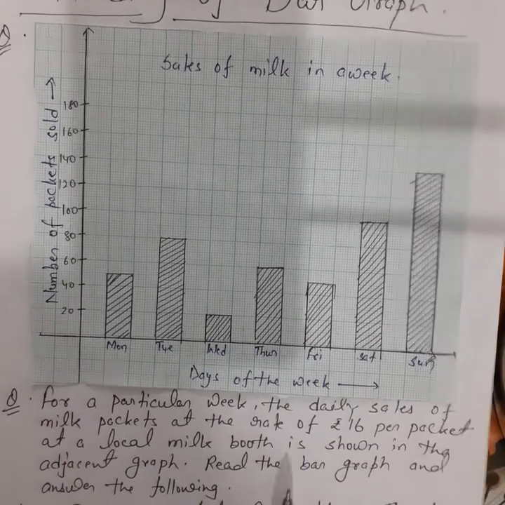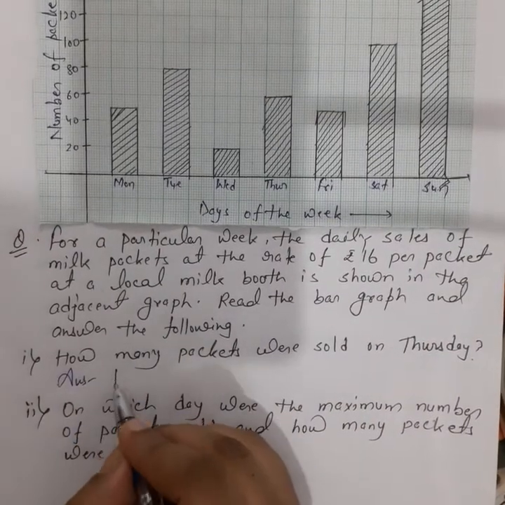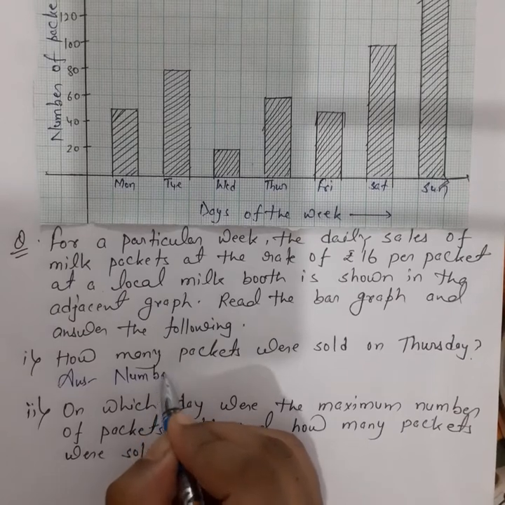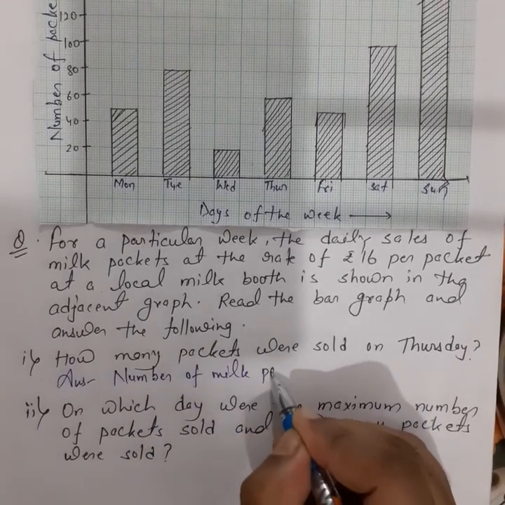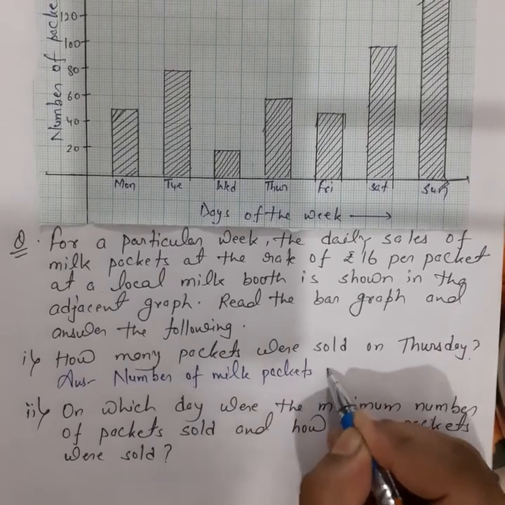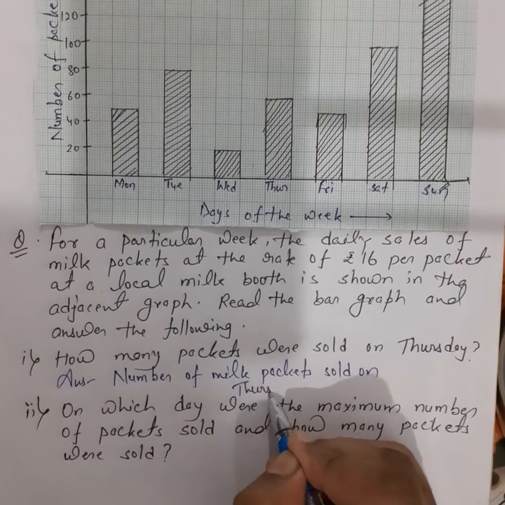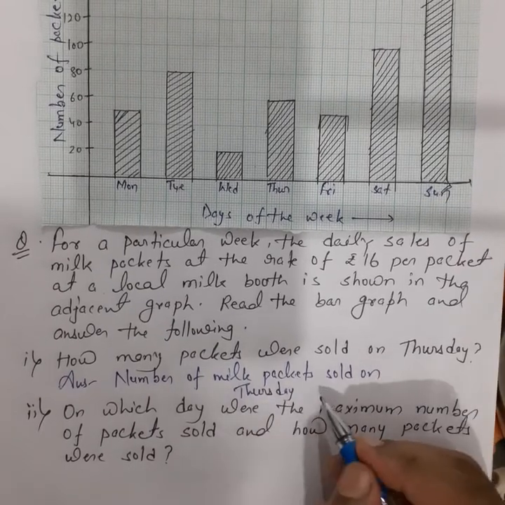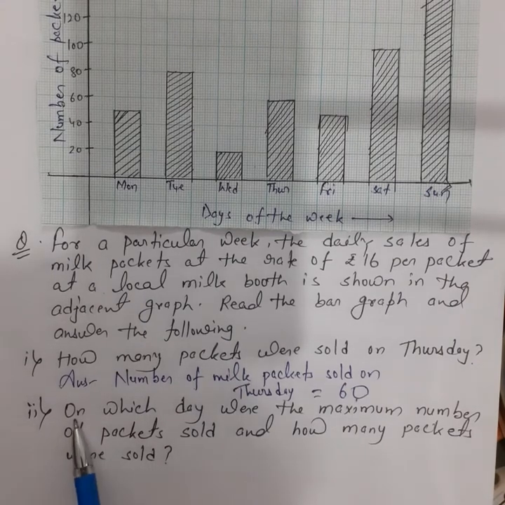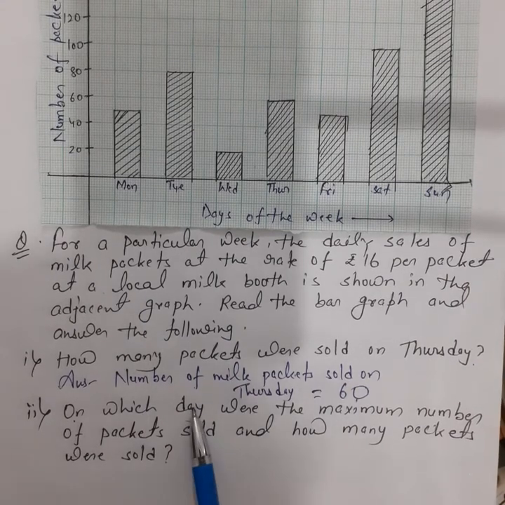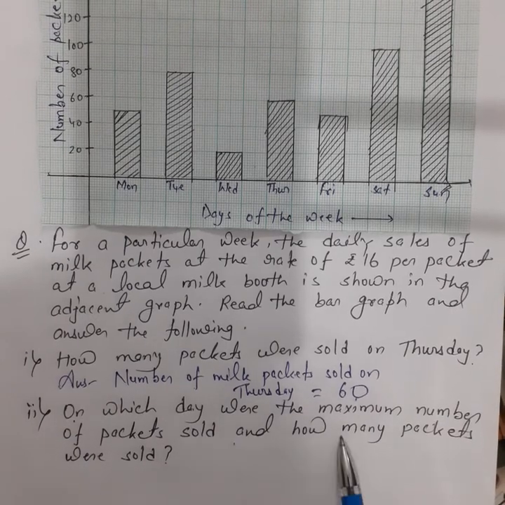So now you write the answer. Number of packets sold on Thursday is equal to 60.